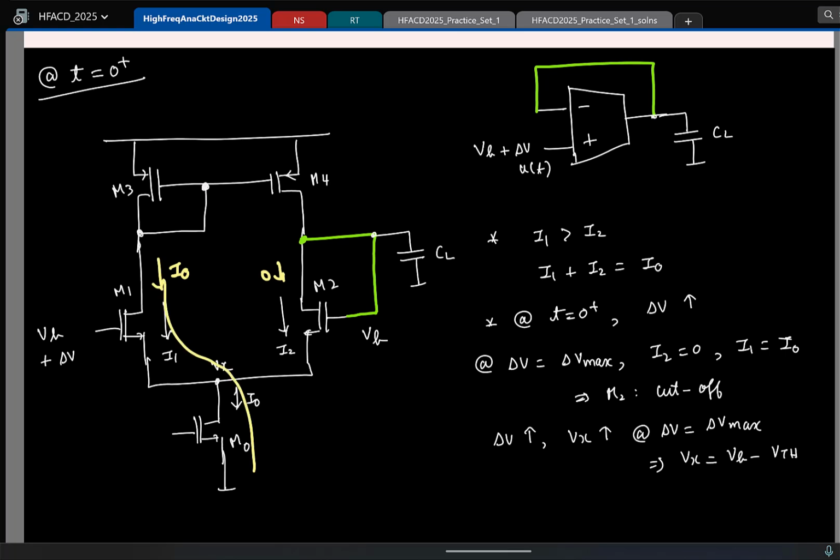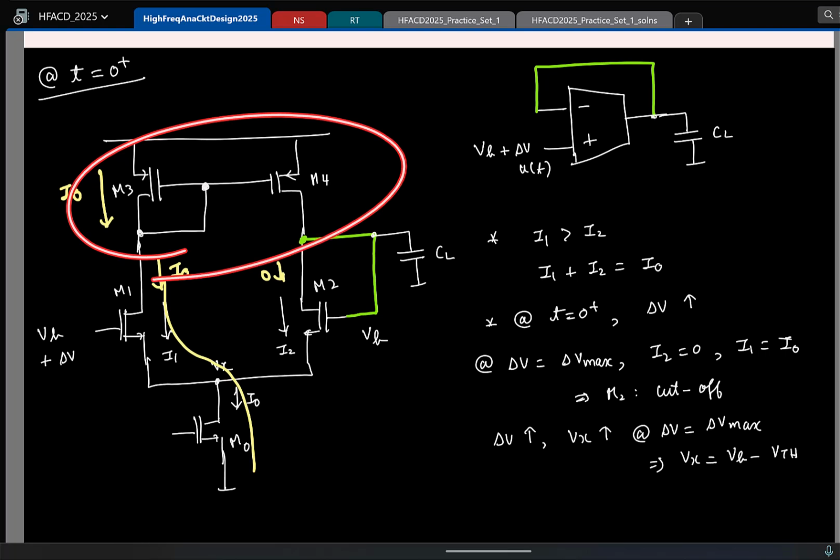So now the entire current I0 is steered towards M1. So what can you say about the current in M3? That will also be I0. Now remember, M3 and M4 form a current mirror. So what can you say about the current here?